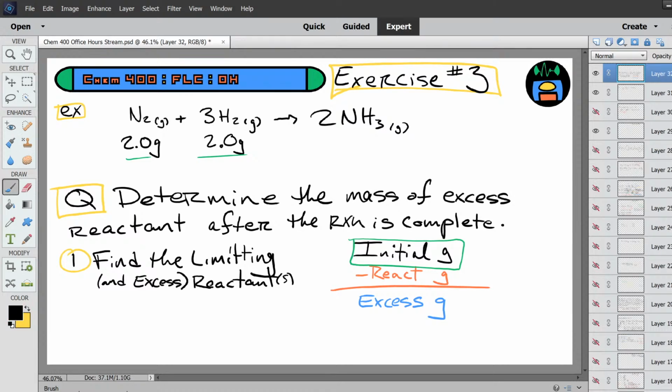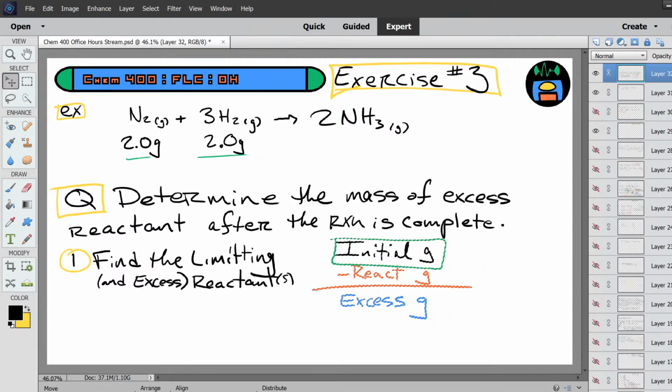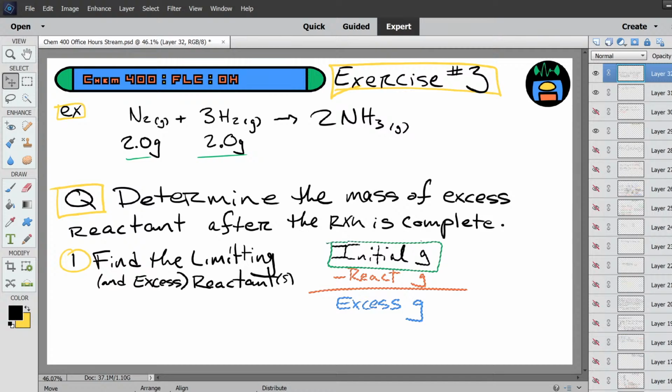The amount that reacts, that quantity that you're going to subtract, we need to calculate.